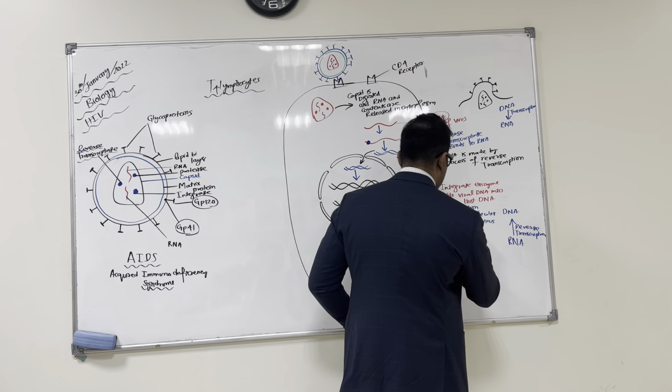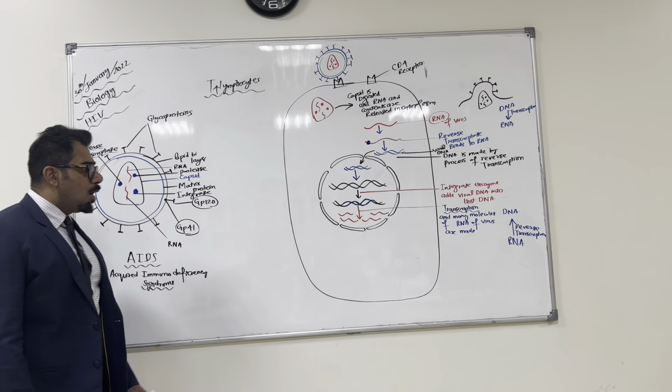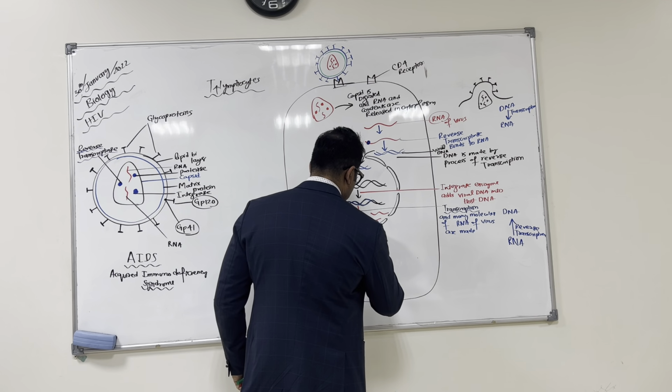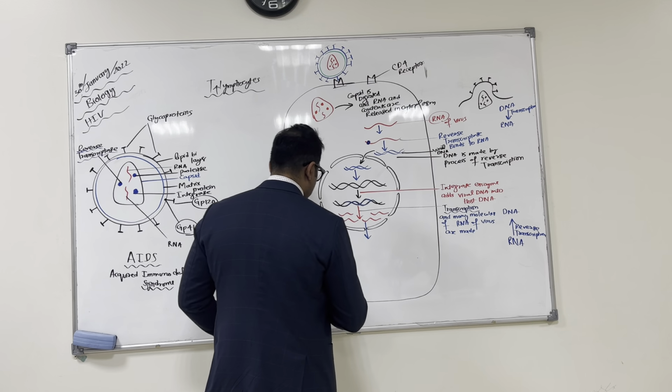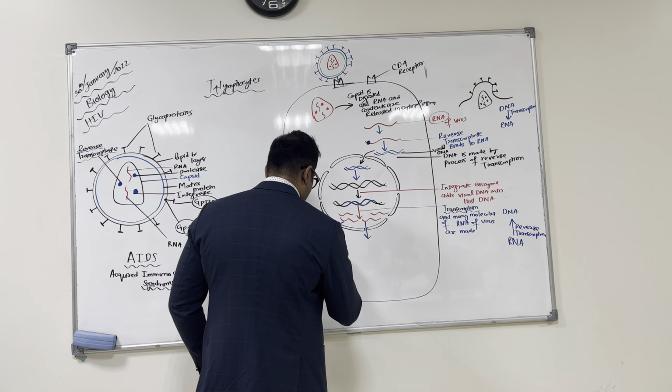We can mention simple RNA as well instead of writing messenger RNA, right? Now what will happen? That these RNA molecules, they will come out, right? And they will come into the cytoplasm.